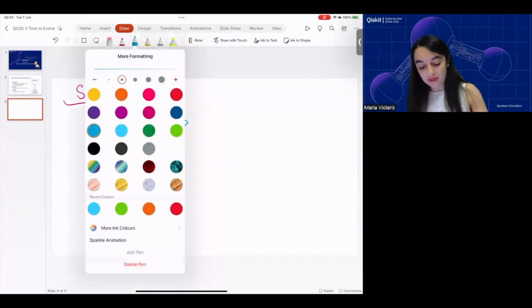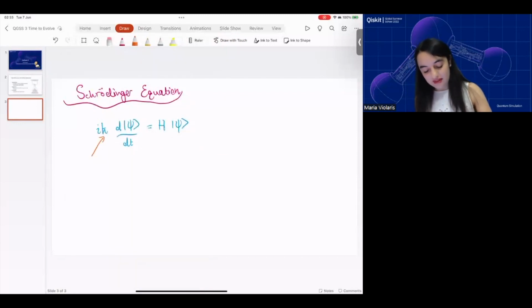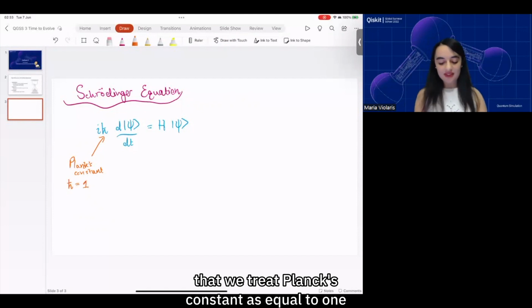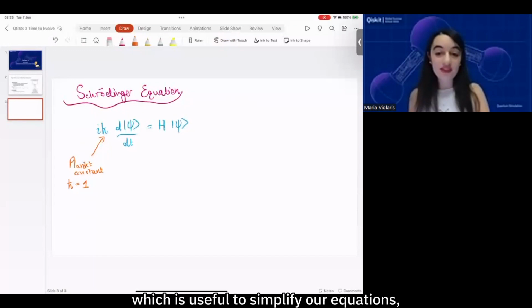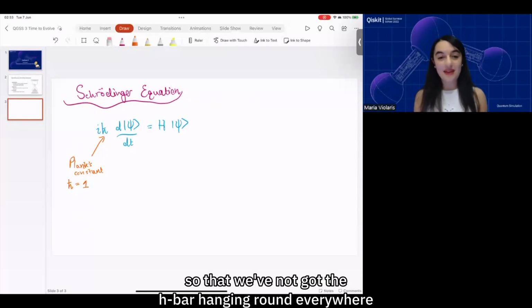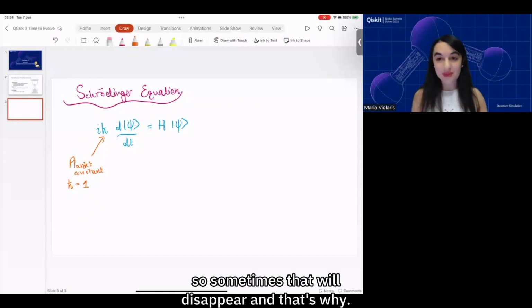H bar is Planck's constant. And we often make the simplification that we treat Planck's constant as equal to 1, which is useful to simplify our equations so that we've not got the H bar hanging around everywhere. So sometimes that will disappear, and that's why.